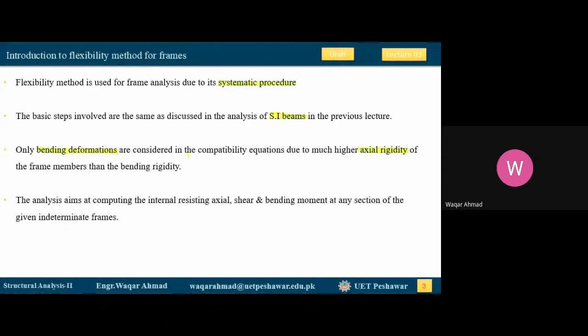Our basic aim in the flexibility method will be to find the internal resisting axial force, the shear force, and the bending moments which are developed due to the applied external load on the frame structure, and thus to draw the shear force and bending moment diagrams for each frame member.